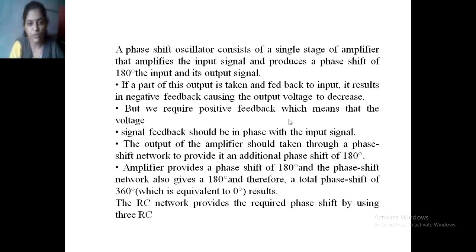So the output of the amplifier should be taken through a phase shift network to provide an additional phase shift of 180 degrees.